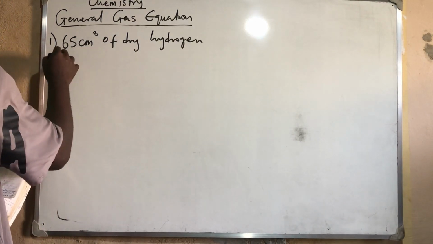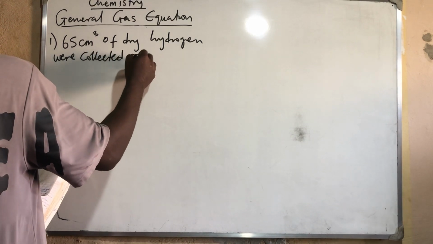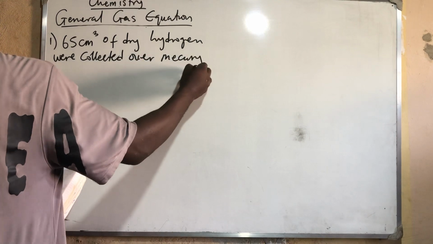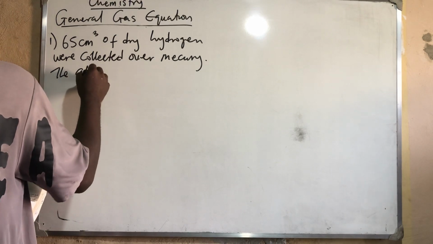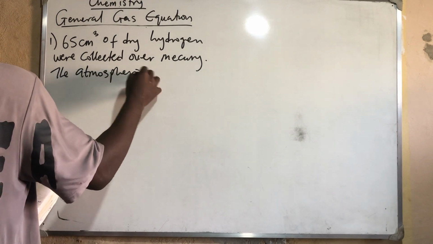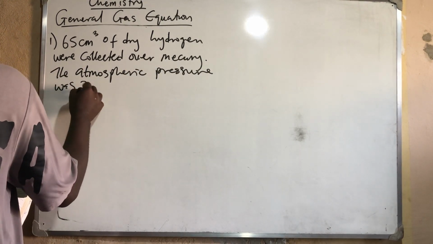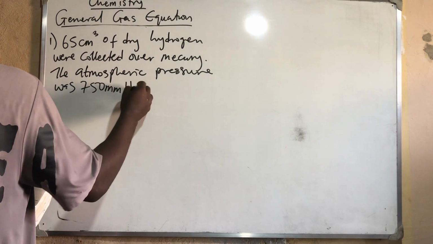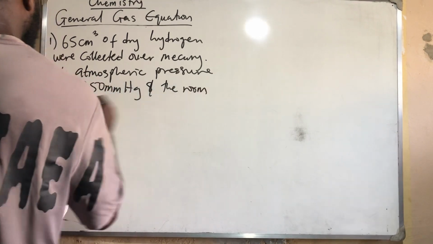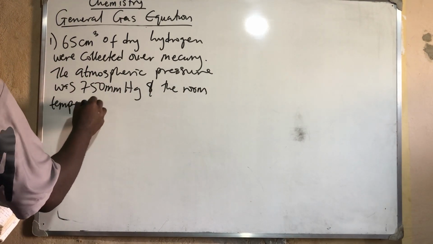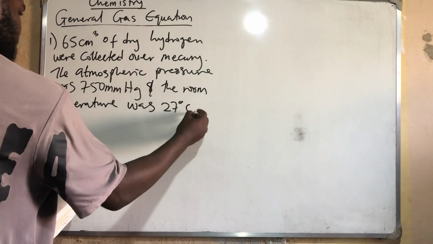was collected over mercury. The atmospheric pressure was 750 millimeter mercury, and the room temperature was 27 degrees Celsius.